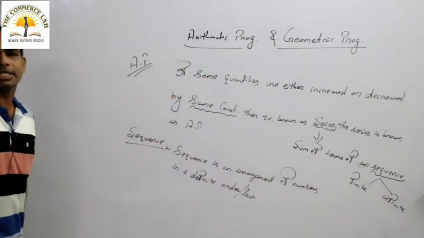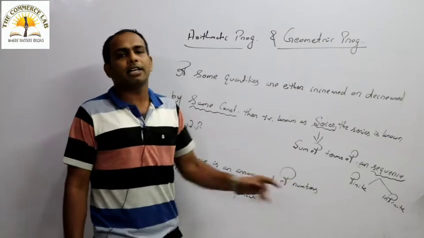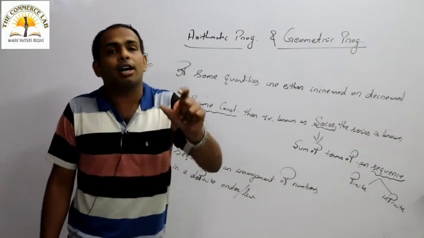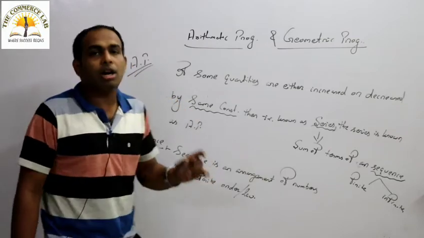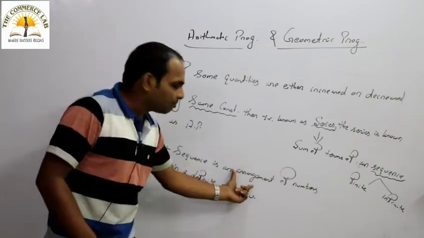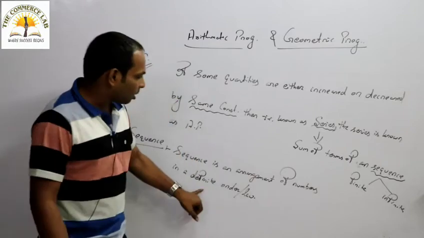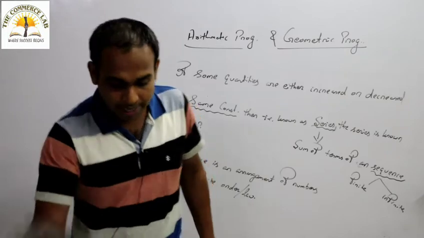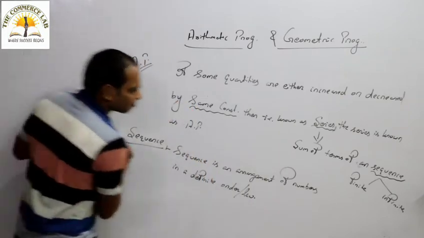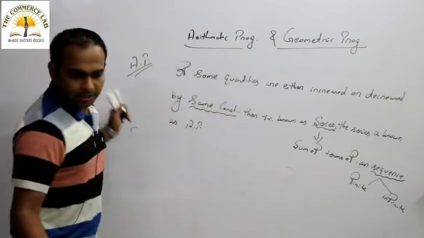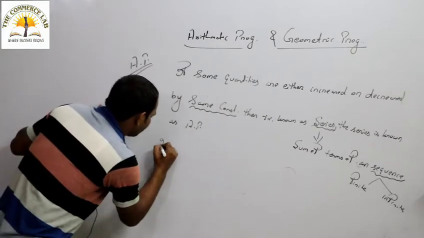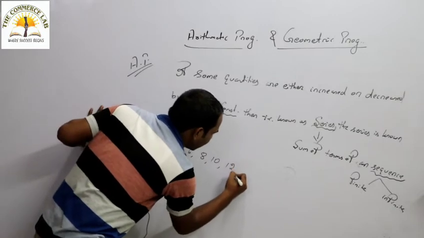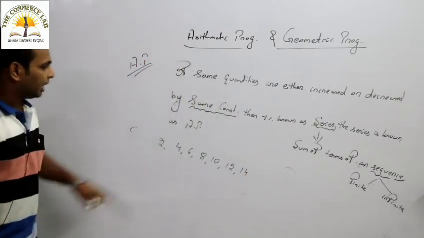Then what do you mean by sequence? Sequence is an arrangement of numbers in a definite order or law. That means the arrangement must follow that order or law. Let's come to some examples. Take 2, 4, 6, 8, 10, 12, 14.